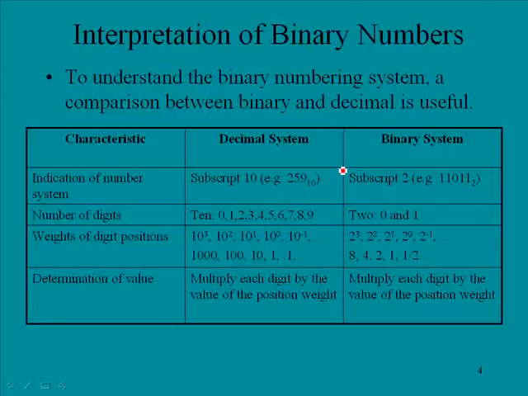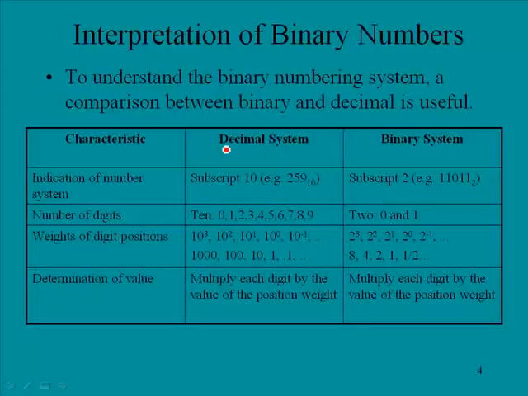Now when we say base 10, what that means is that there are 10 digits, and so in this next column it mentions 0, 1, 2, 3, 4, 5, 6, 7, 8, 9. Notice there's no 10 here, but there is a 0, and this represents 10 digits.